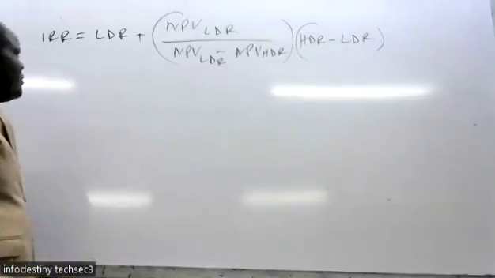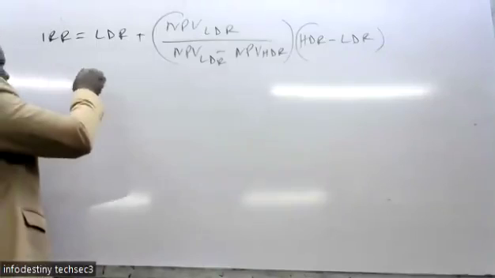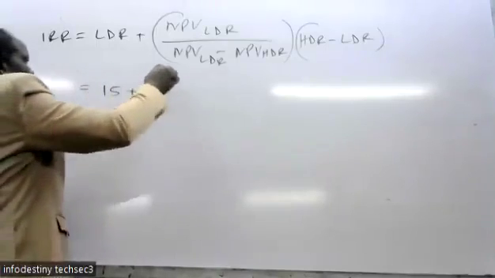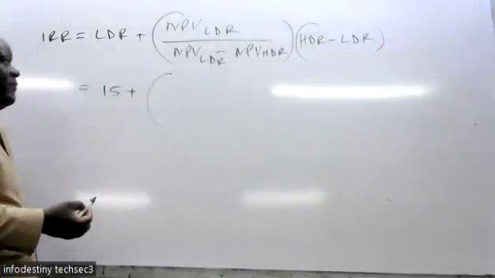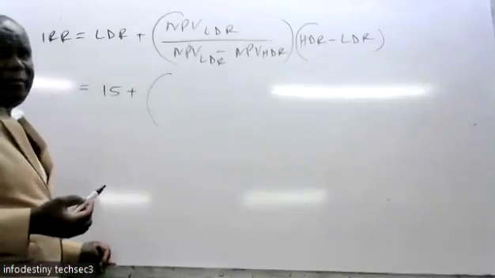The lower discount rate was 15%. Just confirm for me, what was the NPV when it was 15%?